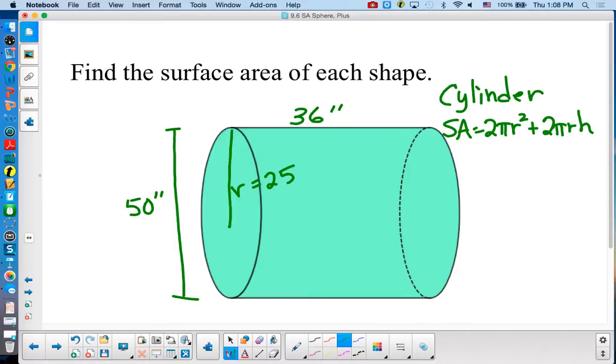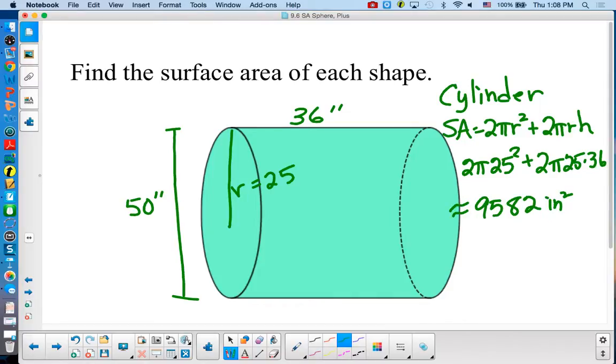And the height is, that's the 36. Getting 9,582? Yes. Okay. So we went through one of each shape.